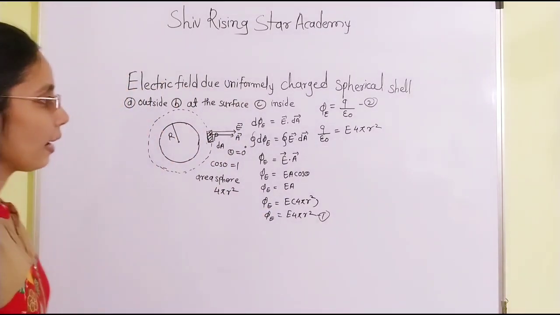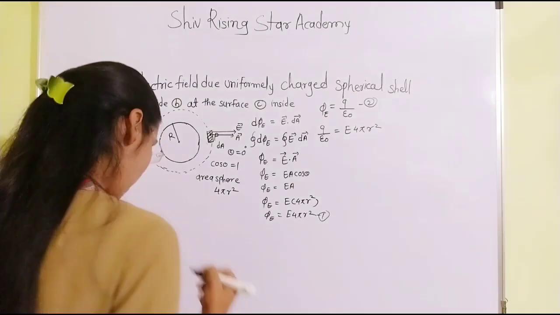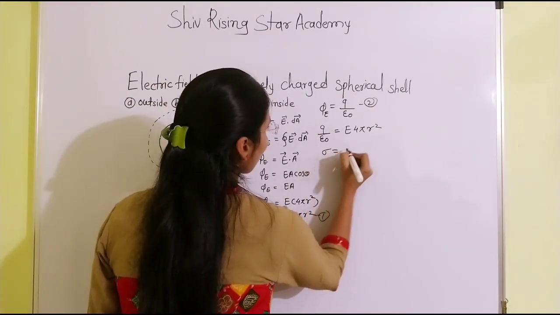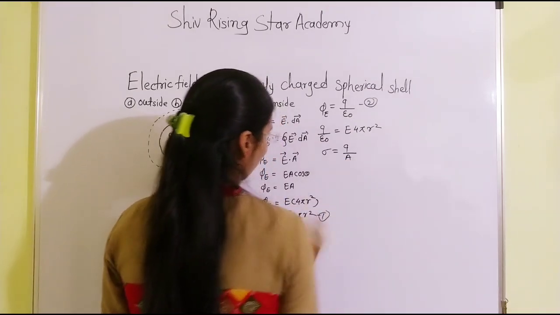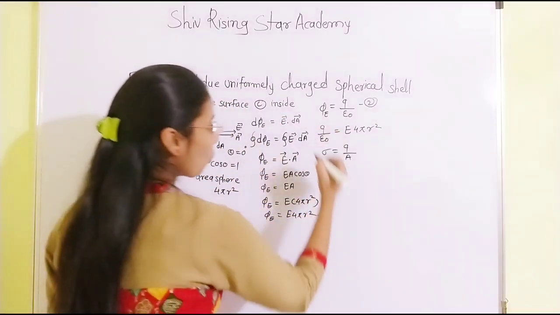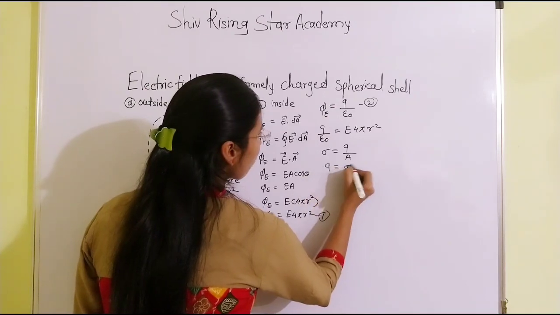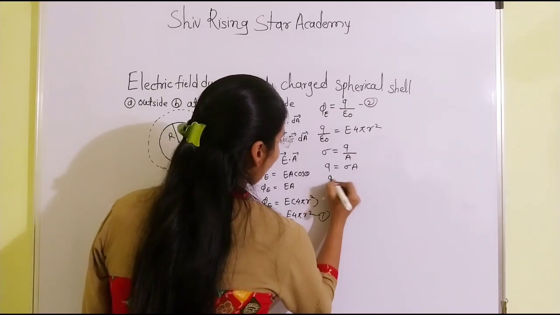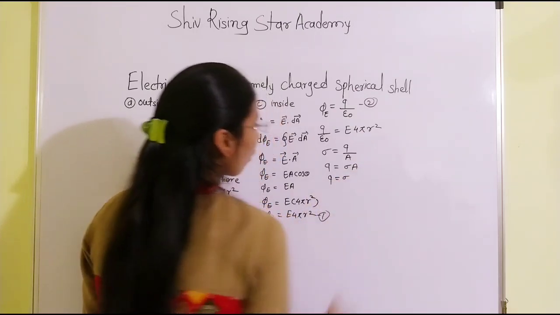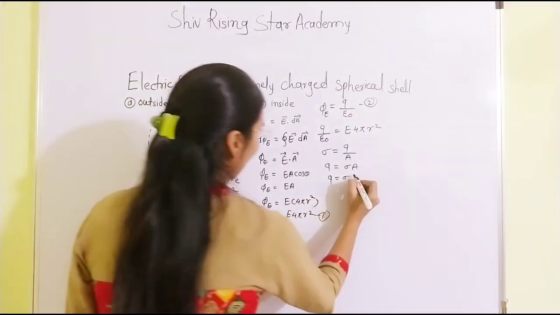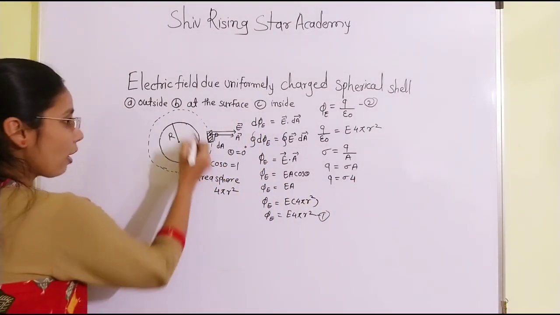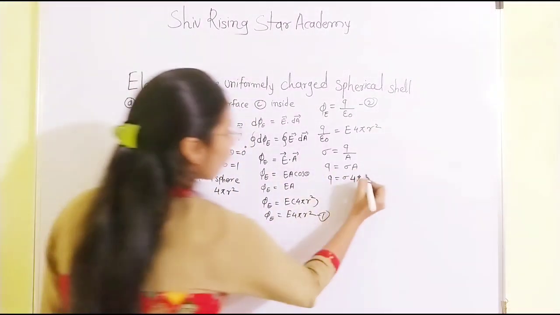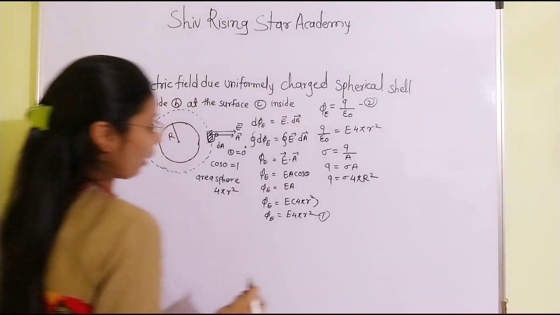And we know that the surface charge density sigma is equal to Q by A. So when we have to find the Q value, Q is equal to sigma into A, where A is the area of the sphere. Here the area of this sphere is 4 pi R square.